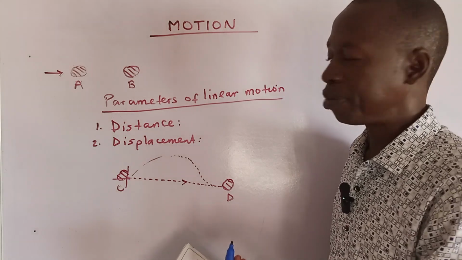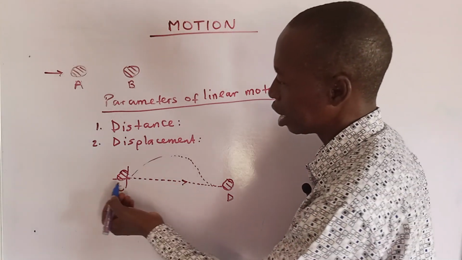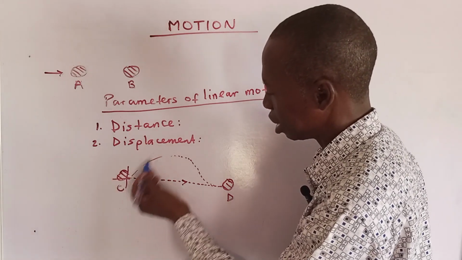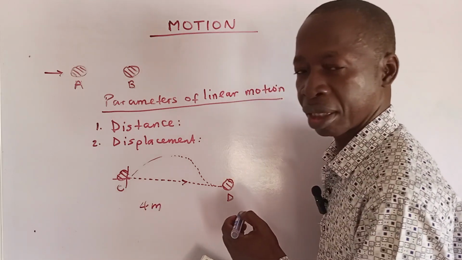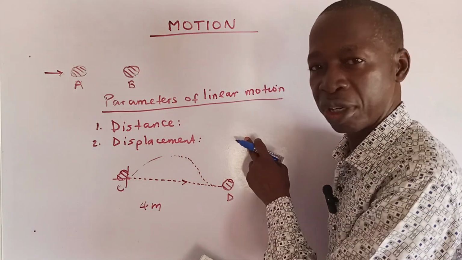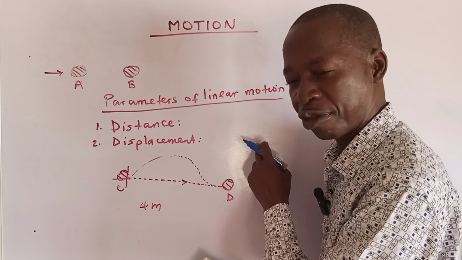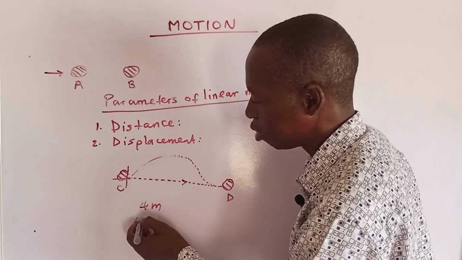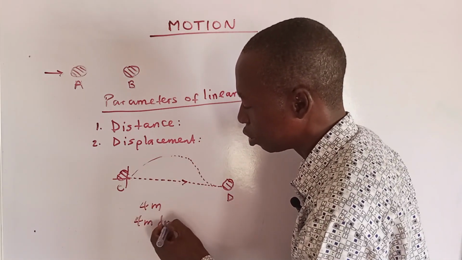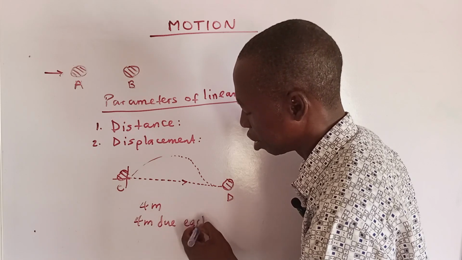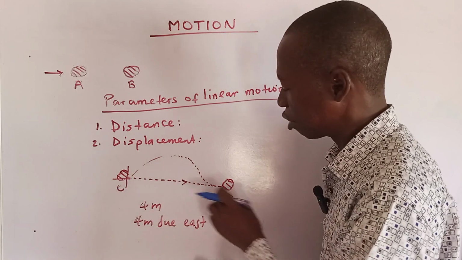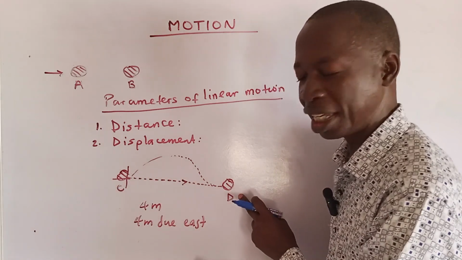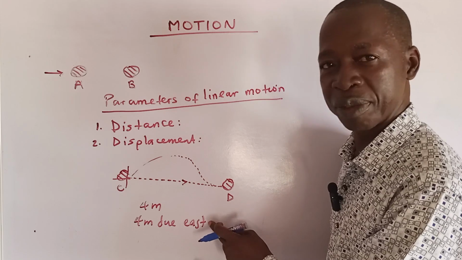To explain that better, if I say the distance between C and D is, let's say, 4 meters, that's distance. But if it's displacement, I have to specify the direction: 4 meters due east. So D from C is 4 meters due east. This is displacement.